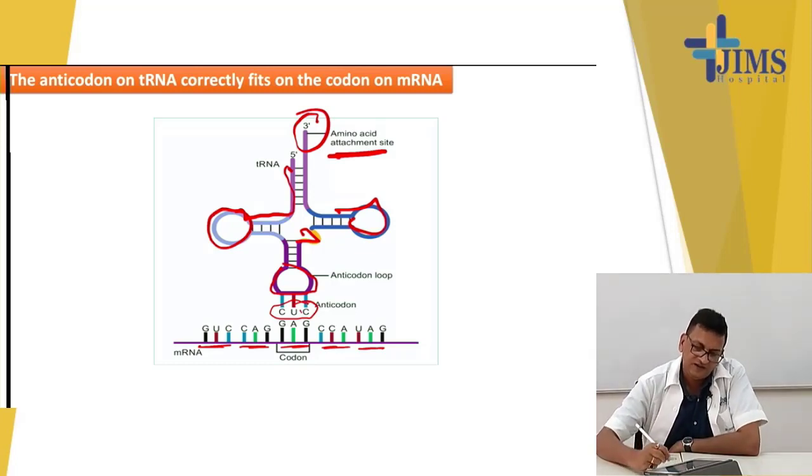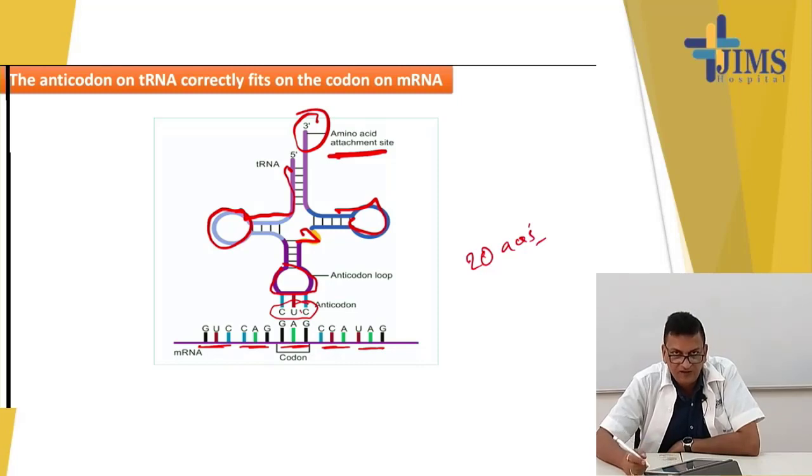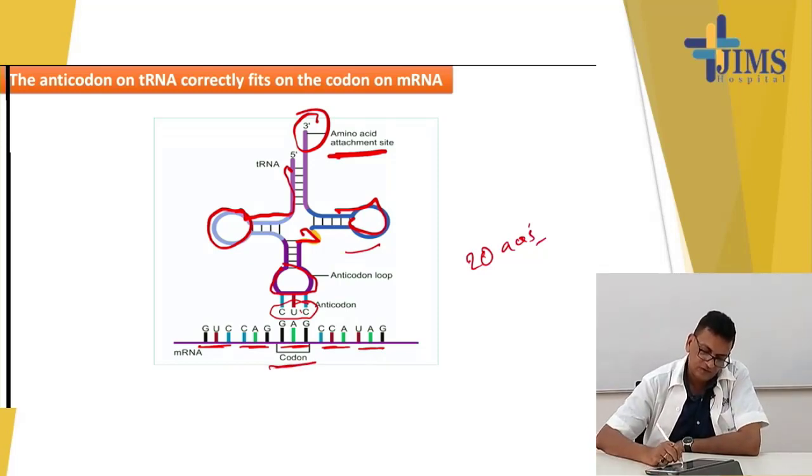Ultimately, the tRNA will carry around 20 amino acids, because these are the functional amino acids which help in protein synthesis. The tRNA's carrying capacity for each amino acid is determined by the sequence of codons.